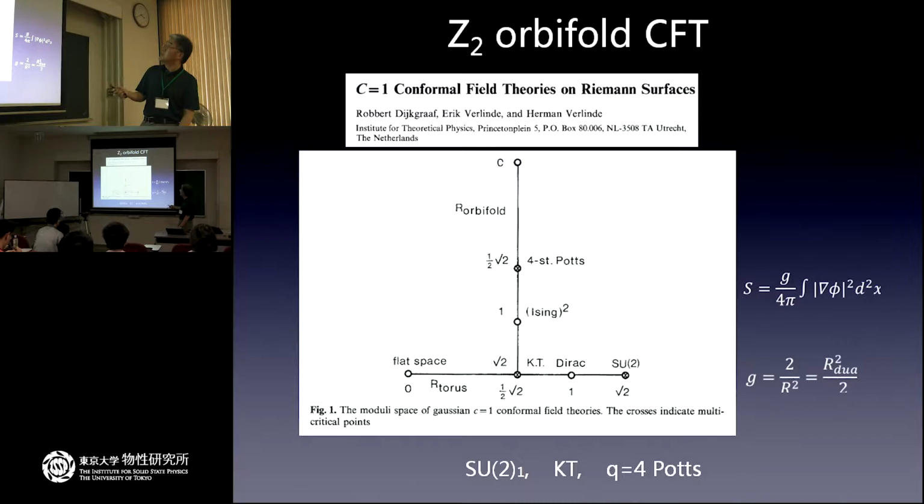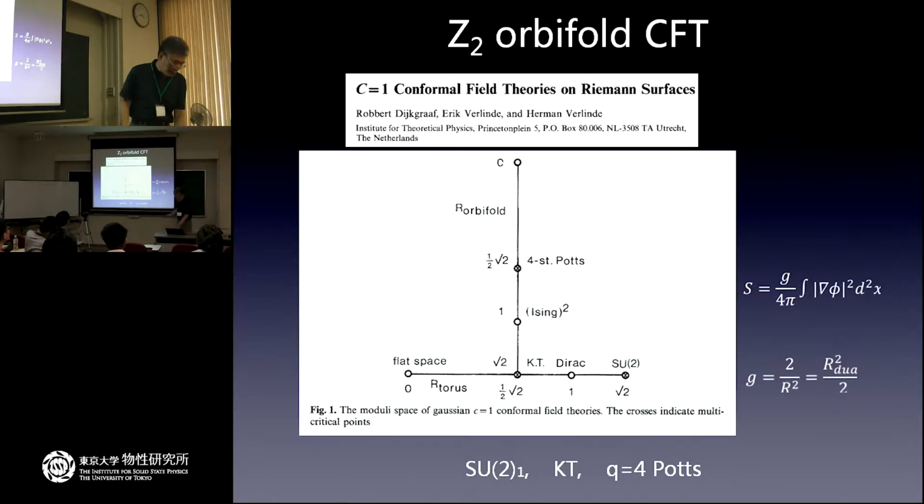So this is some content about the orbifold CFT, and in the two-dimensional case, the action for this CFT is usually written in this form, and there's a parameter that can be changed. You know, this parameter g is actually a function of the radius r.